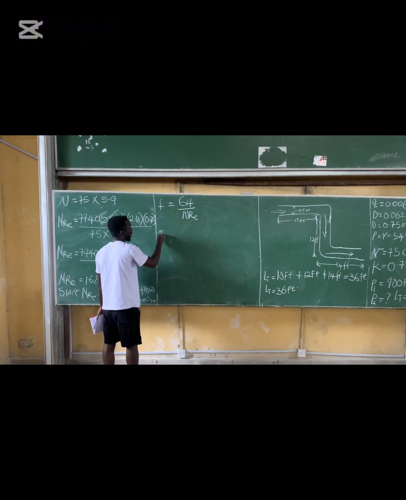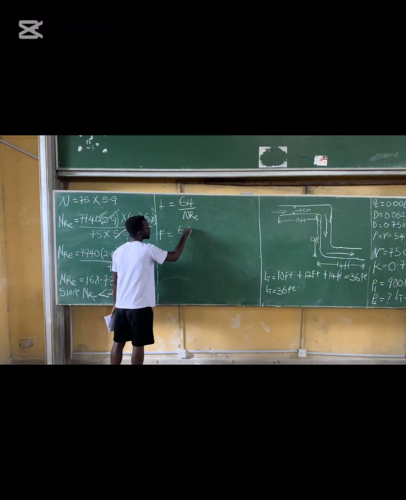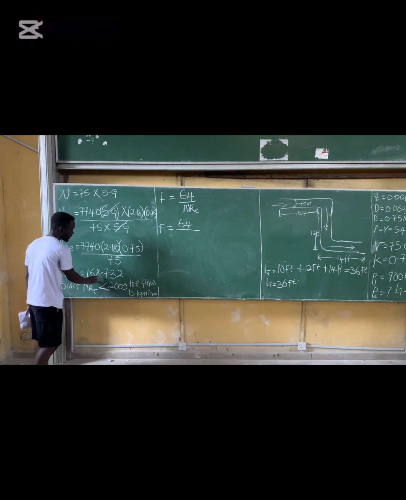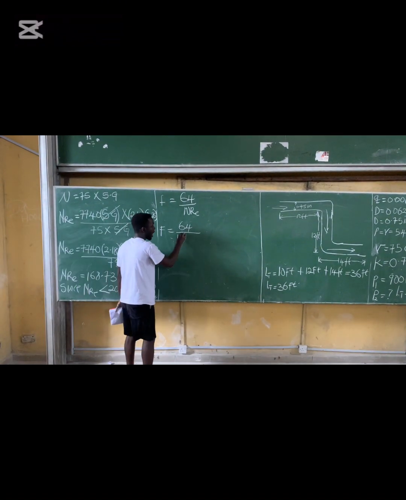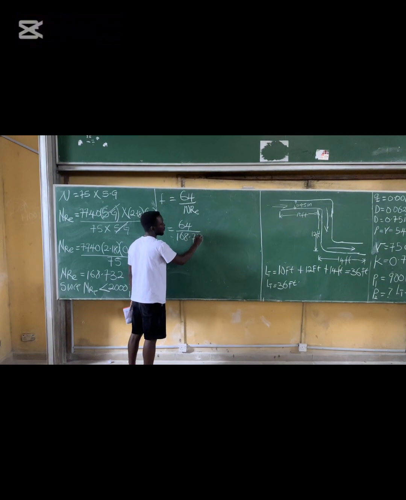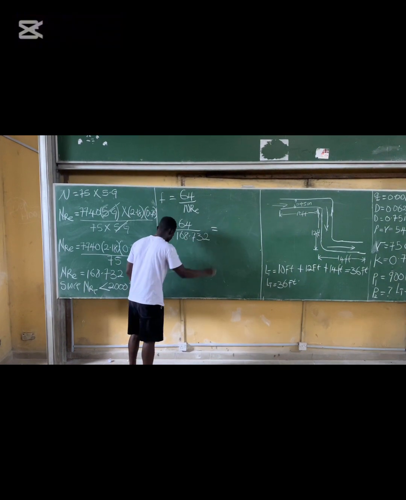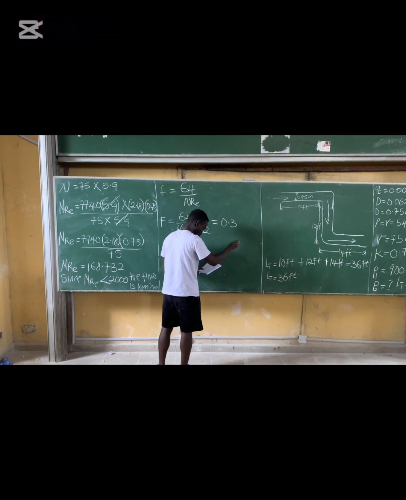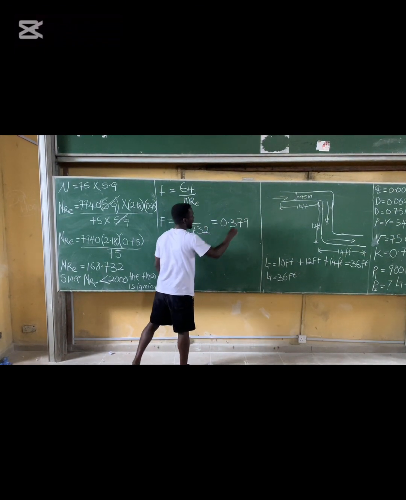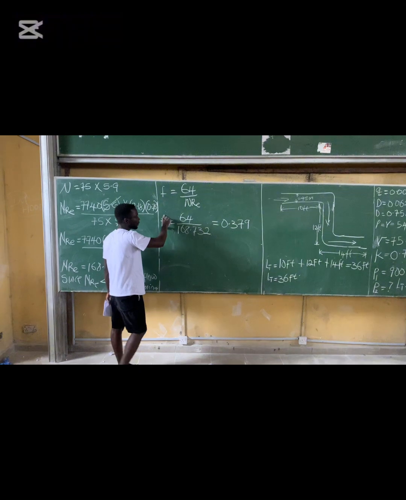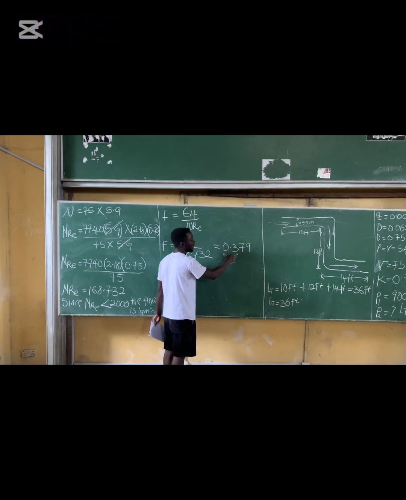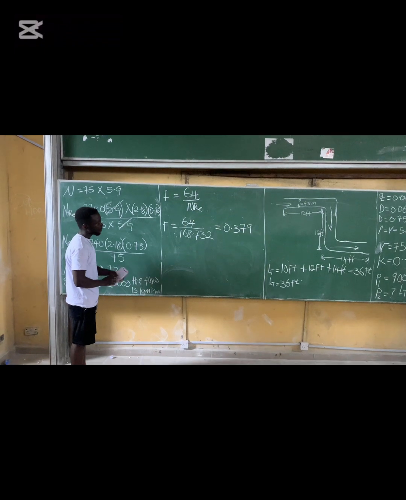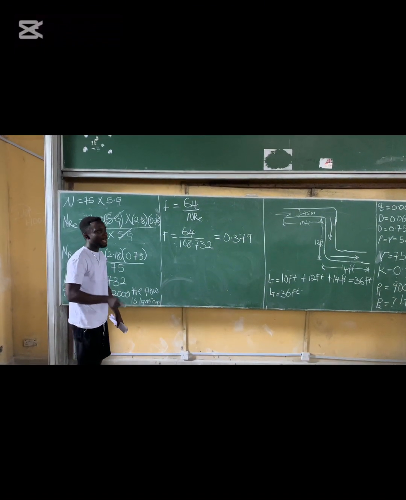So therefore, our f will be equal to 64 divided by 168.732. This will give us 0.379. So that is our friction factor.